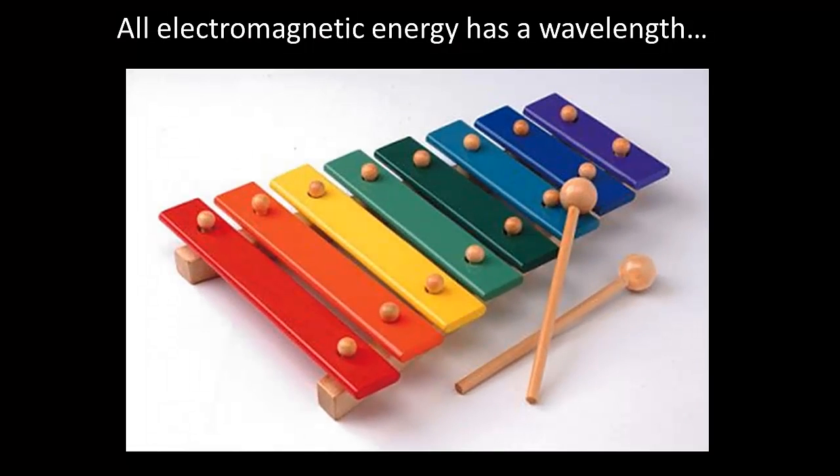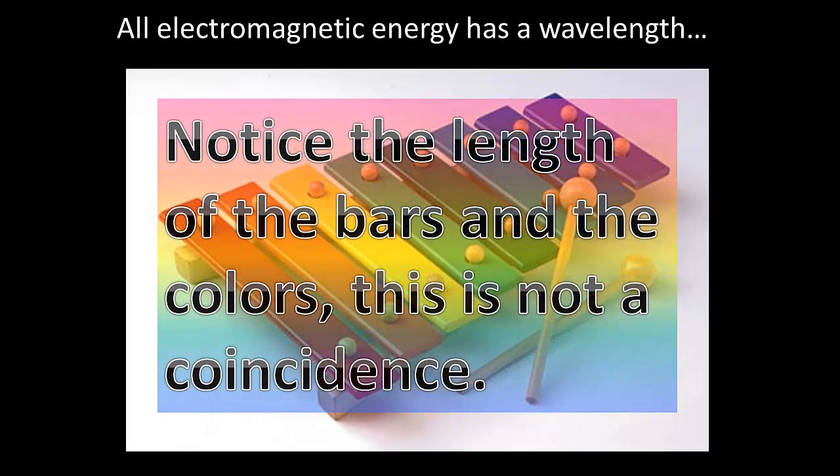If you are above the age of 7 or 8 years old, you instinctively know that the shorter bar will produce a higher pitch than the longer bar when you strike them. Notice the length of the bars and the color that they have been painted. This was not a coincidence.